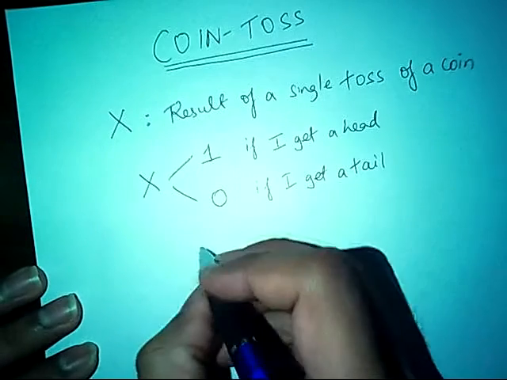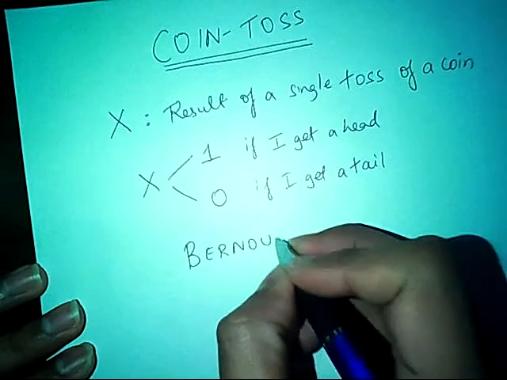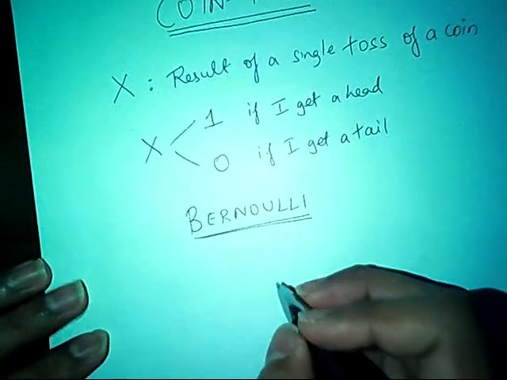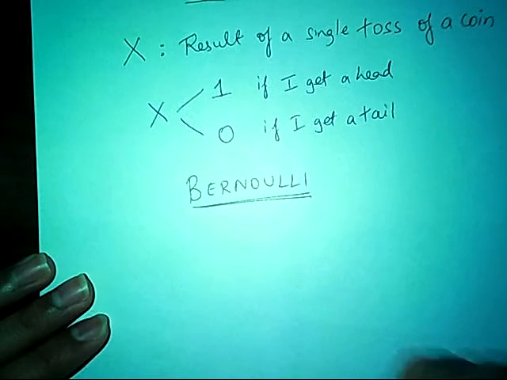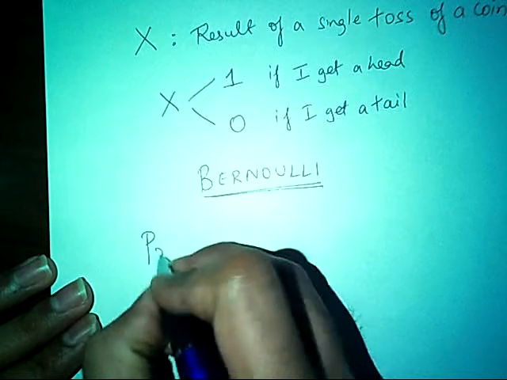A Bernoulli distribution is a probability distribution that defines the probability distribution of x. As you can see, it's a discrete probability distribution, and it can be represented like this.